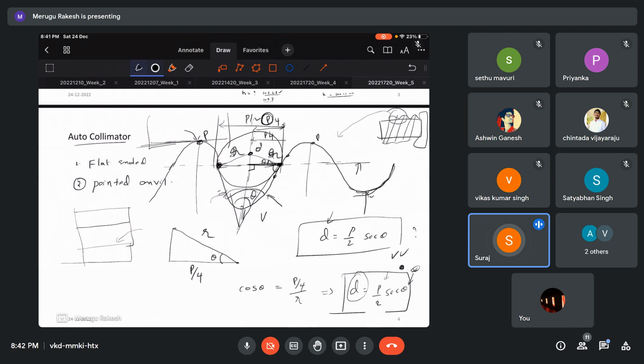And what was that point you told? Someone told that when D becomes equal to P by 2, in that case you don't have to measure. But in that case, the wire is touching below the pitch circle.